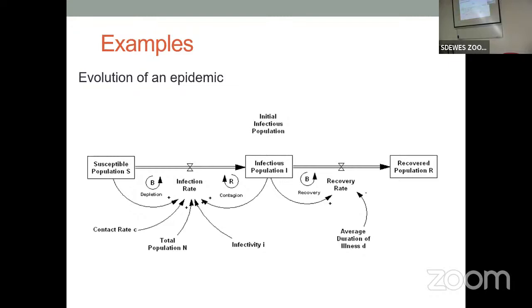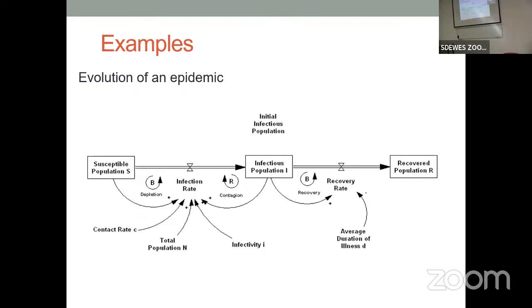That means that some people that are susceptible to the infection, one day, according to the infection rate, will become infected, and some people that are already infected will become recovered. So this is a classical flow diagram that we are going to see later on Vensim.